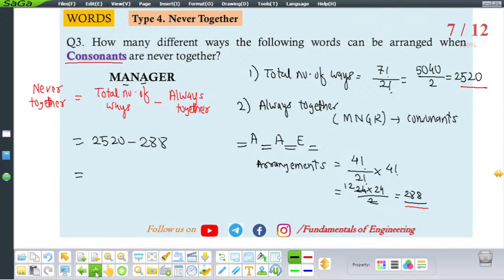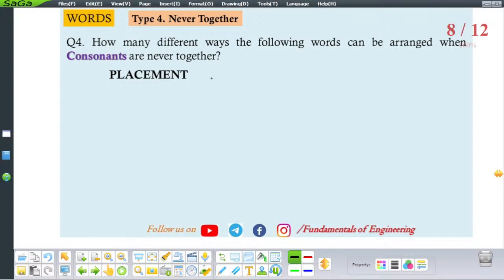When the consonants are never together, how many different ways can we arrange the word manager? Now next we will move towards the next problem. The consonants are never together, how can we arrange the word placement? So the letters are more. How many letters are there? 1, 2, 3, 4, 5, 6, 7, 8, 9. So 9 letters.